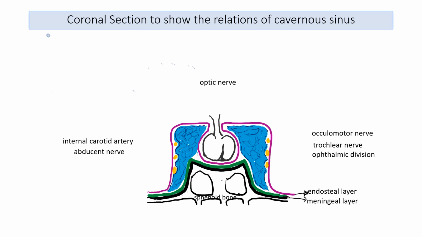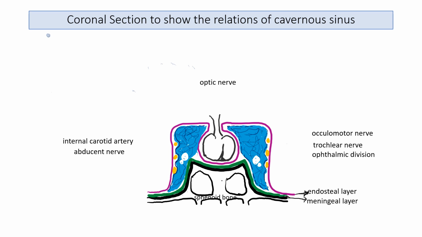There is another structure within the cavernous sinus. It is called the internal carotid artery. So the internal carotid artery would be present here, and the abducens nerve is present inferolateral to the artery.